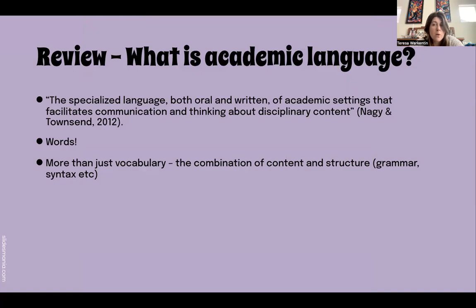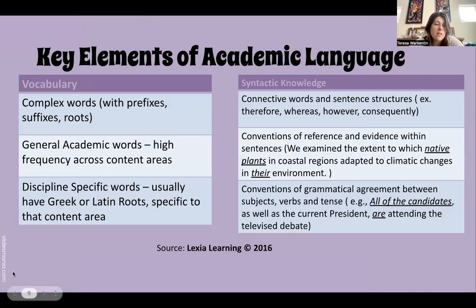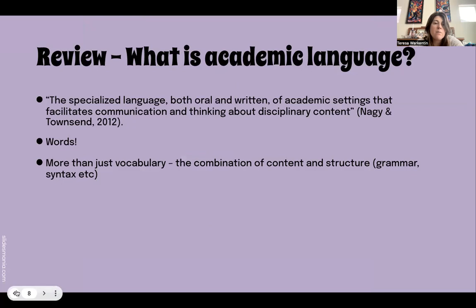So just to review, what is academic language? Nagy and Townsend say that academic language is the specialized language, both oral and written, of academic settings that facilitates communication and thinking about disciplinary content.